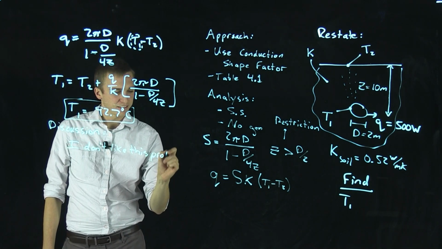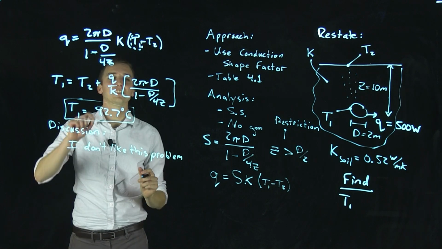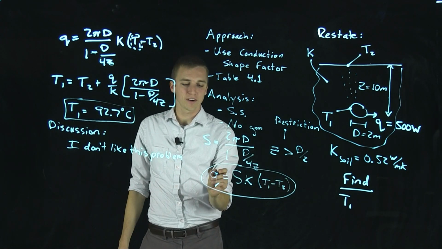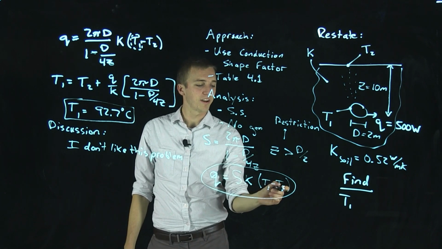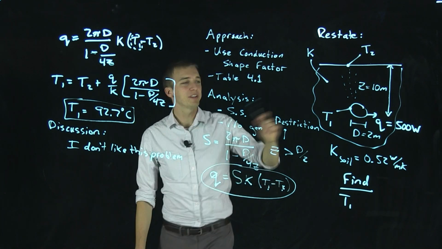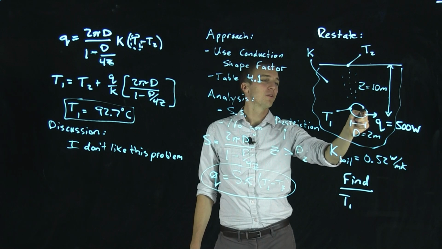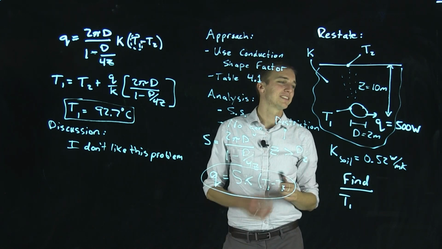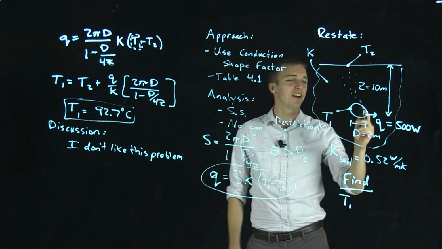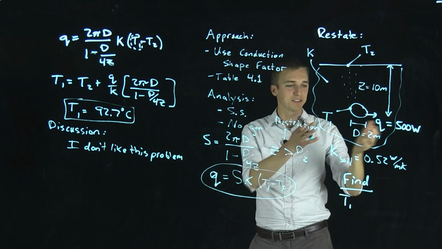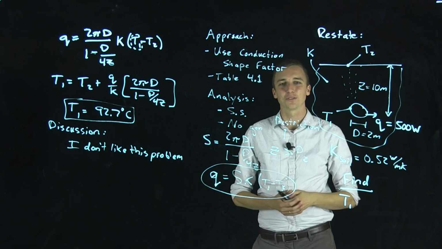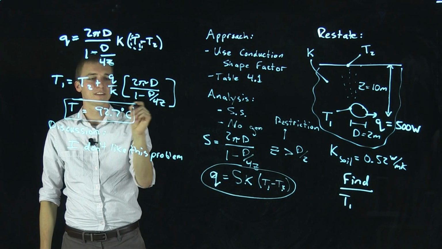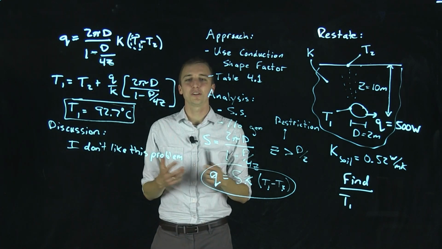The reason is, you'll remember we talked about in class that a conduction shape factor, this equation, gives you the heat rate between surfaces 1 and 2. Now in this problem, the only thing they told us was the total heat generated by the nuclear waste, which we can't guarantee all of that is going to the surface, as we don't know what's happening with the soil. So I'm not sure if I believe this answer myself, but this is nonetheless how you would use a conduction shape factor.